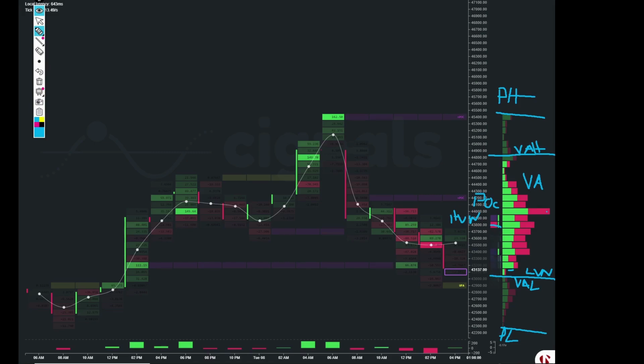It's not that complicated. You've got your profile high, your profile low, your value area low and high. The actual value area itself is inside the non-shaded region, the 70% around the POC, the point of control. And when you see the POC, you usually get other high volume nodes or HVNs.